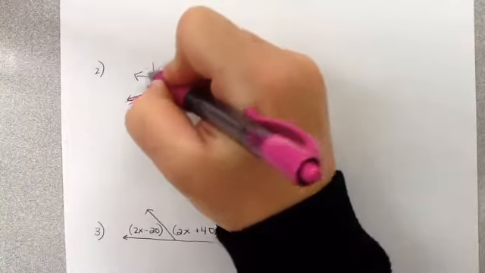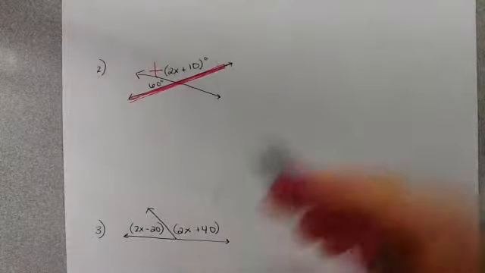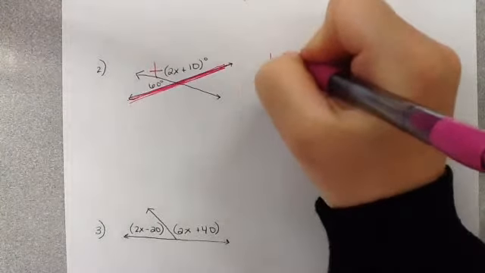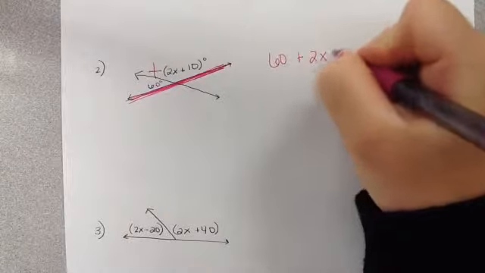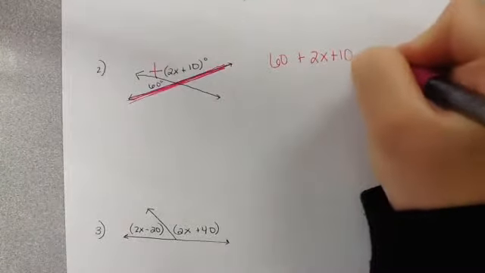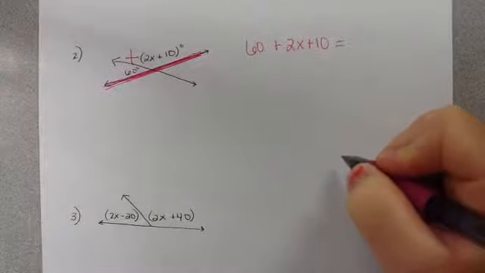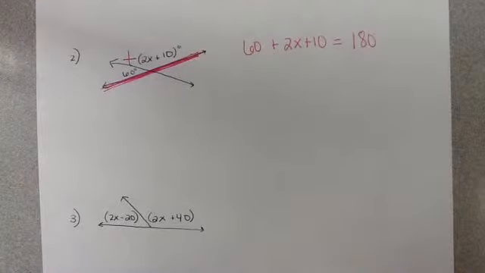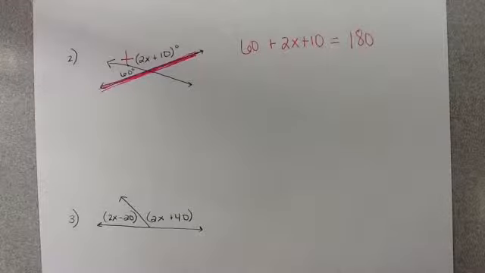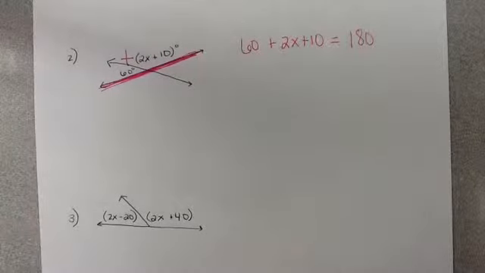Right, if I add them together, they must make 180. So 60 plus the other angle is 2x plus 10. And we said that a straight line equals 180 degrees. Go ahead and solve for x.